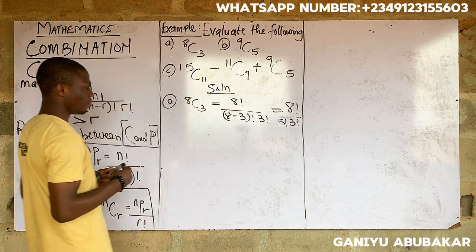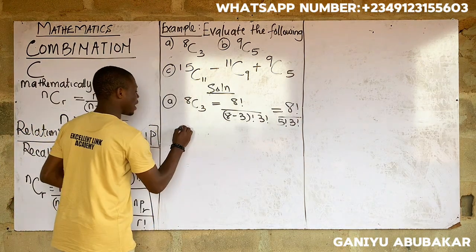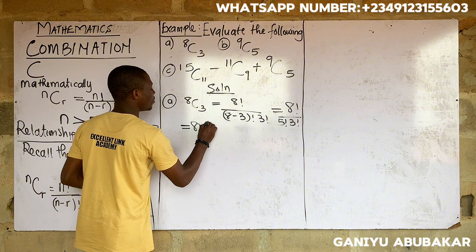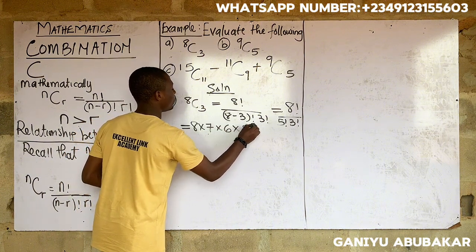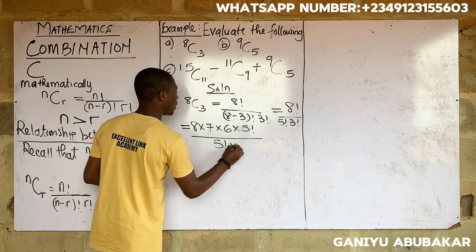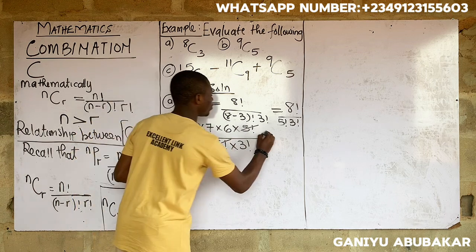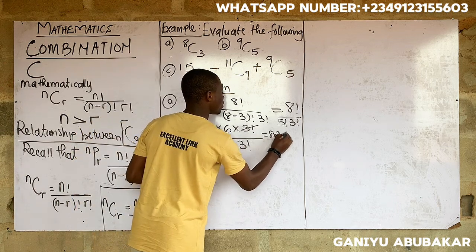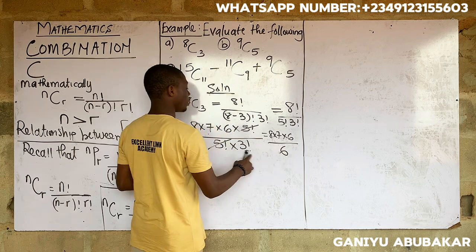Now I can expand 8 factorial as 8 times 7 times 6 times 5 factorial all over 5 factorial times 3 factorial. This cancels this, so I'm left with 8 times 7 times 6 all over 3 factorial, which is 6.